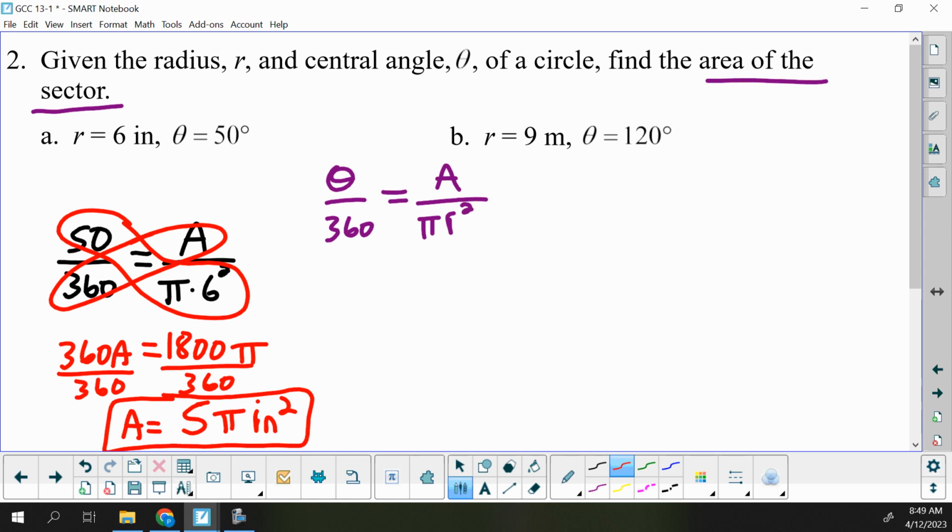Now I want to point out one thing you can do with these problems, either of these proportions, if you want. If you ever have a fraction on one side that's just numbers, like this was 50 over 360, you are welcome to reduce that first before cross multiplying. If we had typed in 50 over 360 to reduce it, you would have gotten 5 over 36.